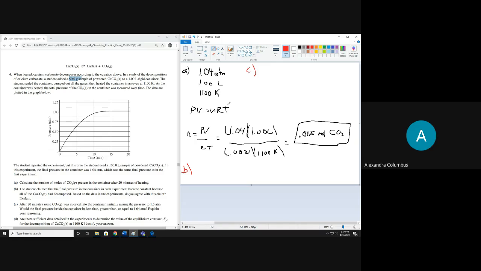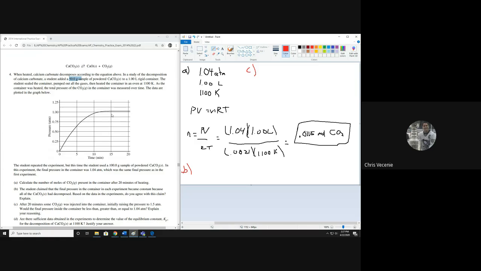So this guy's tricky. We leveled off. When we see a graph where we do this and level off, what's it mean? For anybody. Equilibrium. We're at equilibrium. What do equilibriums do if we start messing with stuff in the equation? They shift to the direction where it favors. They shift to minimize what we do. So if I inject some CO2, what's the equilibrium going to do with that CO2? It's going to decrease the amount made in the equilibrium.